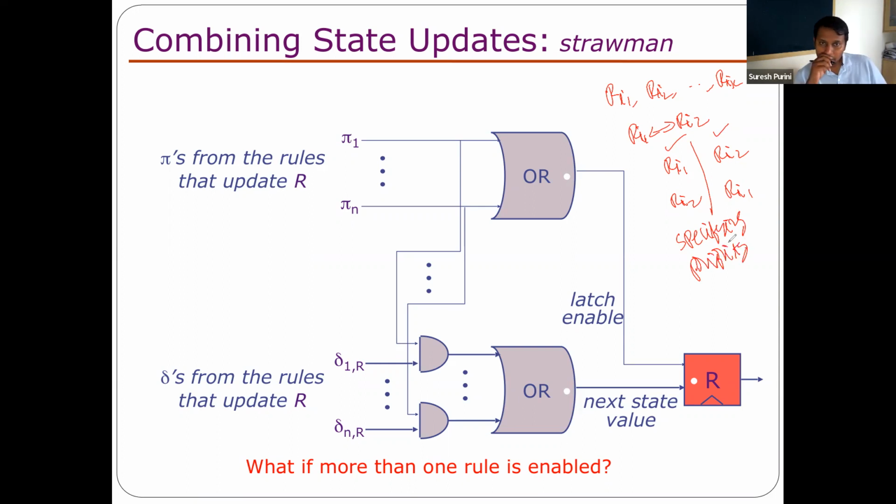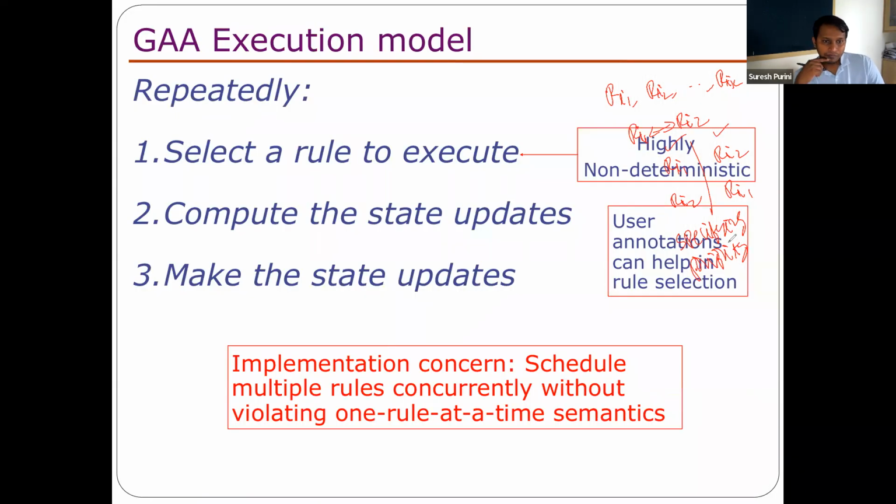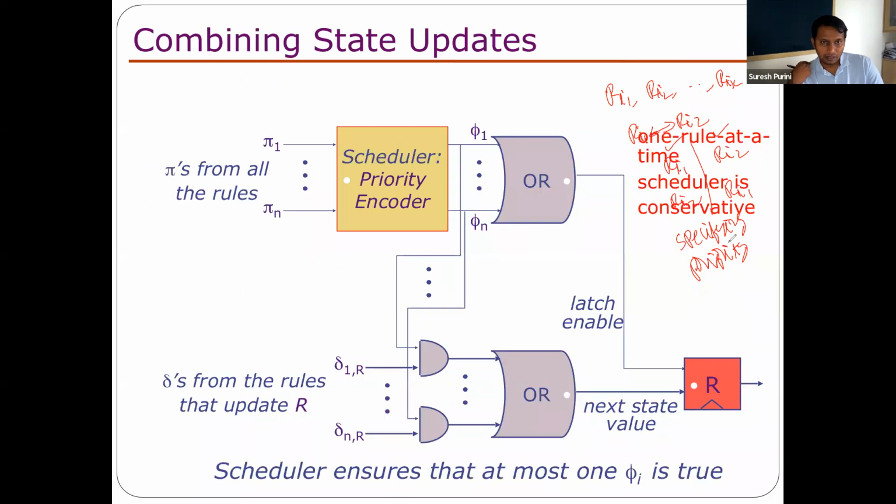Among all the rules that are enabled, there's a priority encoder circuit which decides which rule should fire.